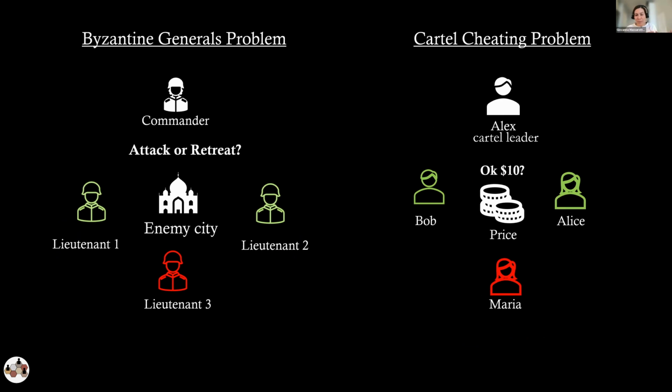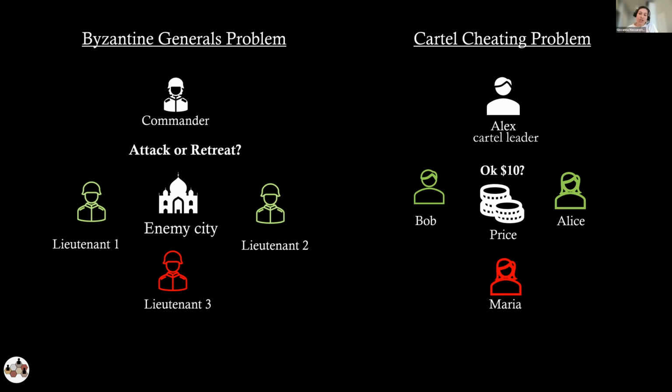I found this computer science problem interesting because it relies on a trust issue. The generals need to achieve an agreement on whether to attack or retreat from an enemy city without completely trusting each other.